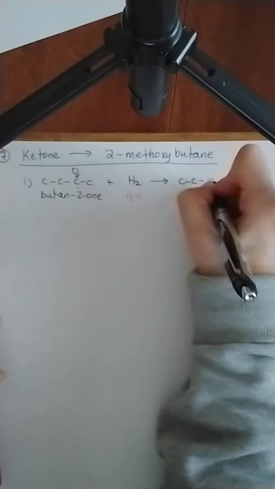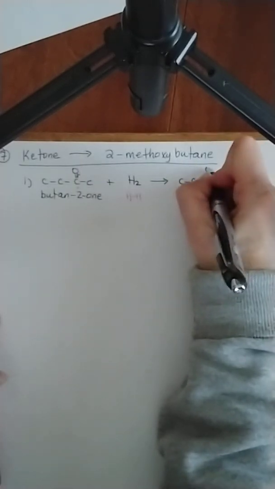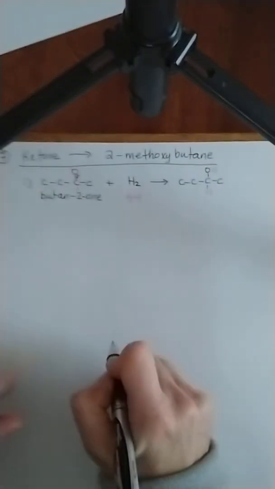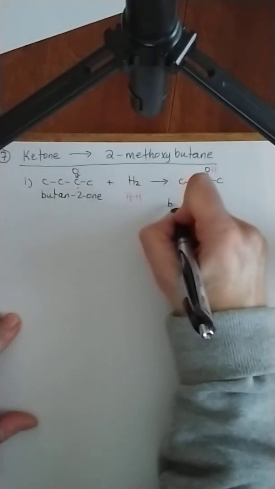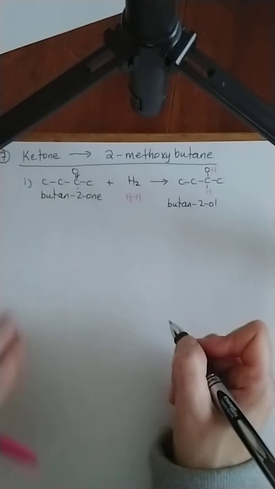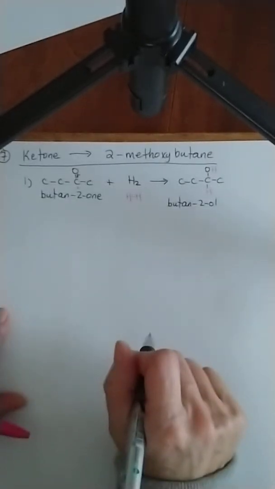So 1, 2, 3, 4. So now we'll have an O bonded to an H, and then the other H would come off the C. So now what we have is butanol or sec-butanol, whatever you want to call it, and there's no other byproduct.